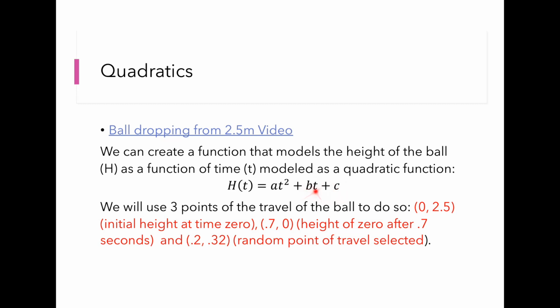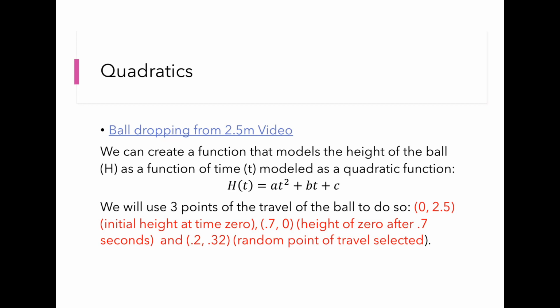If there's no term involving t, b would equal 0, and 0 times t would essentially get rid of this term. Or if there's no constant term, c would be 0. The only thing that can't be 0 for us to have a quadratic equation is a, because once a is 0, it's a linear equation, not a quadratic equation.